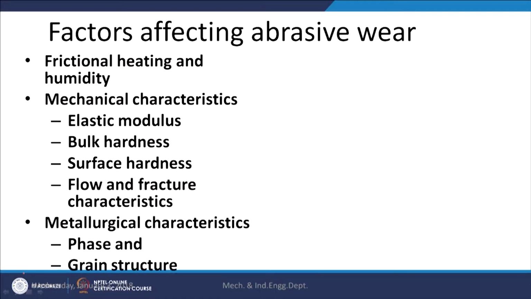Another important property is the flow characteristic or fracture characteristic. For fracture characteristics, we have the fracture toughness of the material. Fracture toughness shows the resistance to the fracture by crack growth.